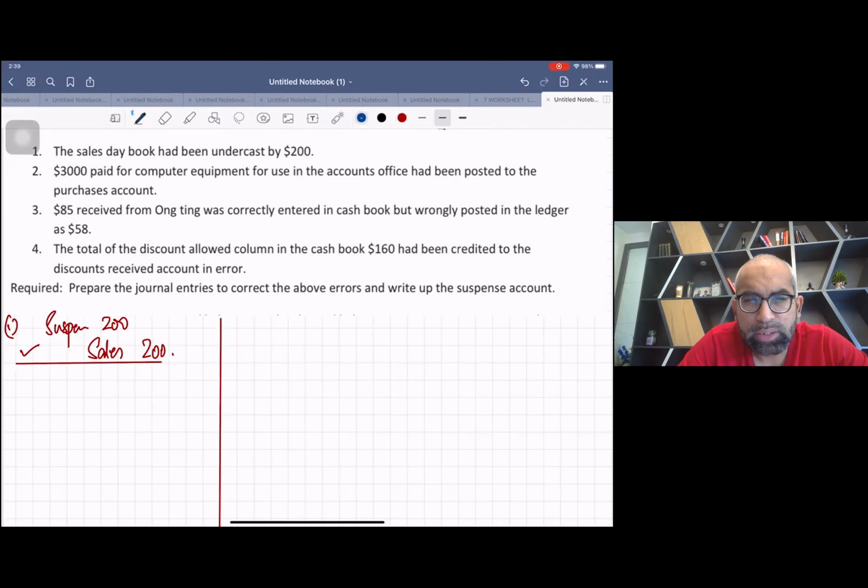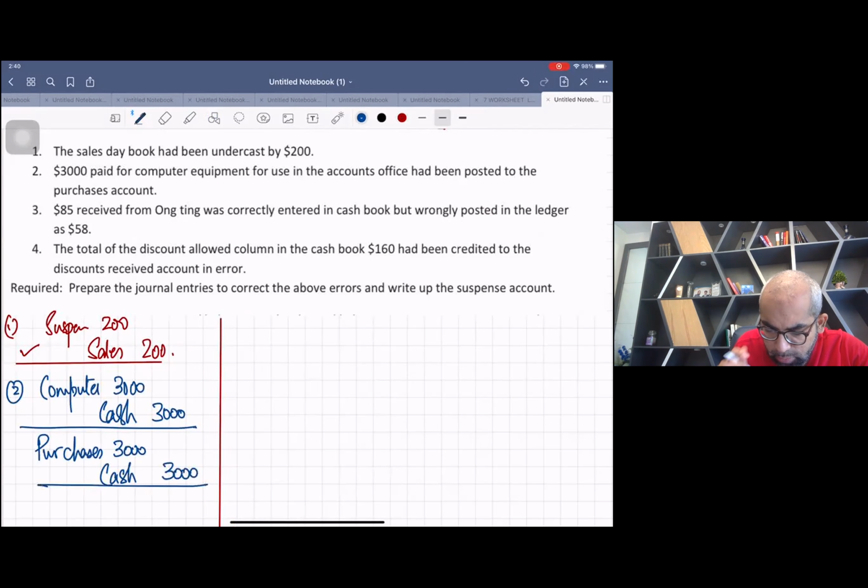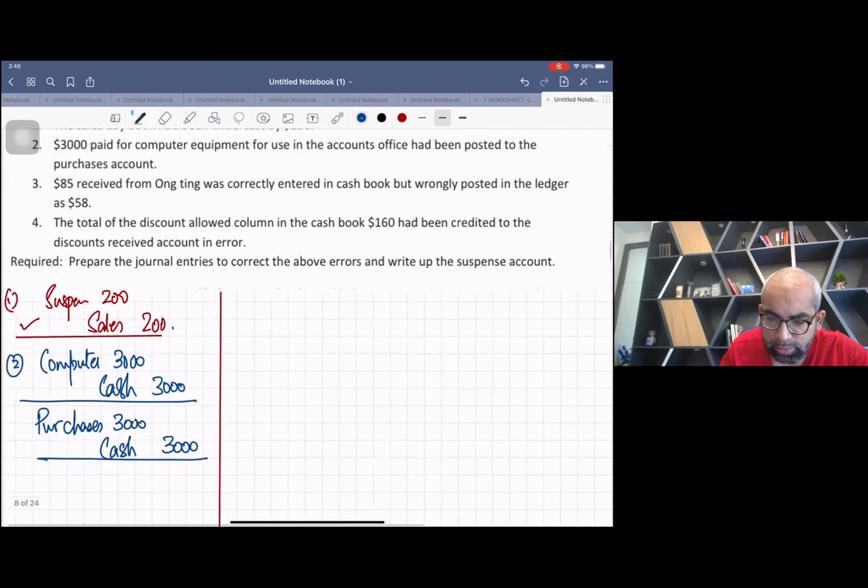Now you guys know this, but still I'm making the entries, otherwise you know how to do it. See, the first entry should have been debit computer 3,000, credit cash 3,000. But what entry did we make? Debit purchases 3,000, credit cash 3,000. Now what should be the third entry?